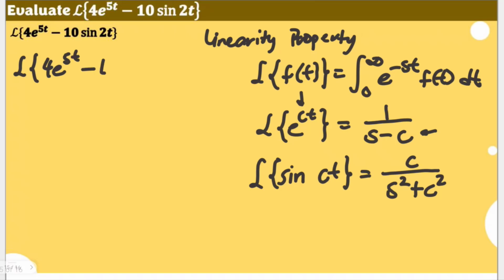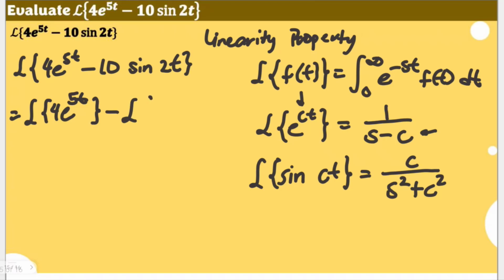we can use the linearity property here, breaking them into two portions. The Laplace transform of 4e raised to 5t, let me rewrite this to make it clear, minus the Laplace transform of 10 sine 2t.